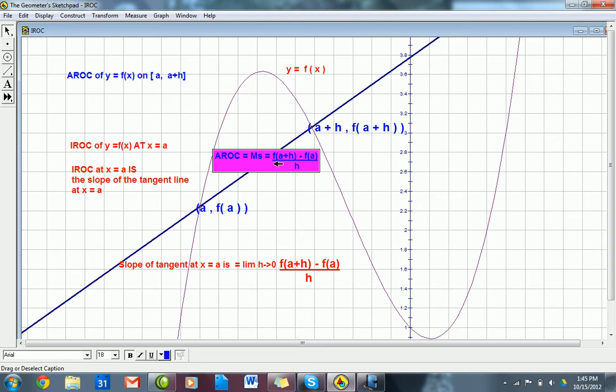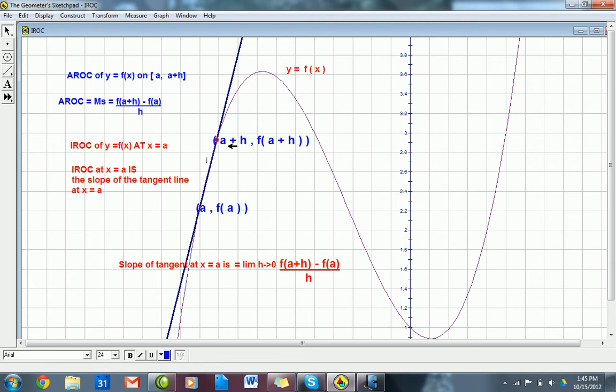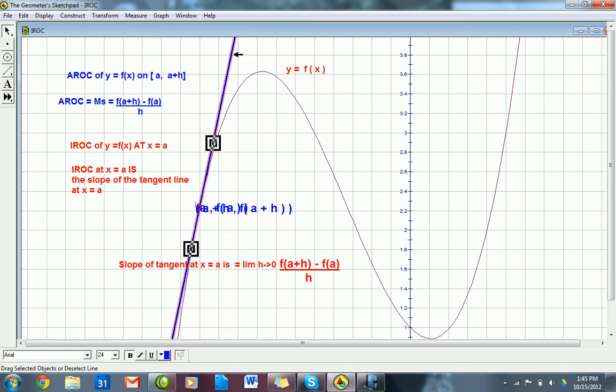However, it does become interesting when I think of what the instantaneous rate of change of the function at a point is. This is really what I'm looking for: the slope of this tangent line at that point. The instantaneous rate of change of this function at the point x equals a is the same as the slope of that tangent line at that point.